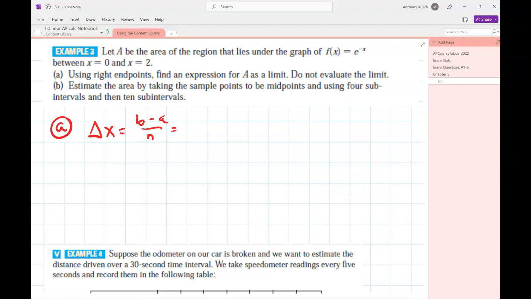So what is the b in this case going to be? 2, the end point for my interval, and the a is 0, and the n is just going to stay n. It doesn't tell us how many subdivisions we're building. And in fact, if we want the actual area, how many subdivisions do we need to use? Infinitely many. So we're just going to leave it as an n there.